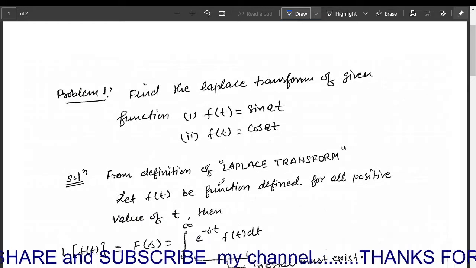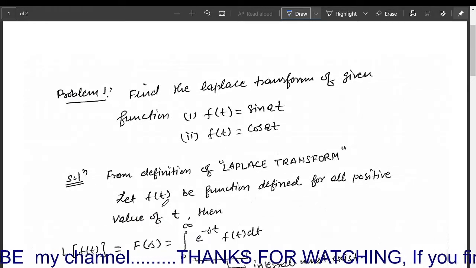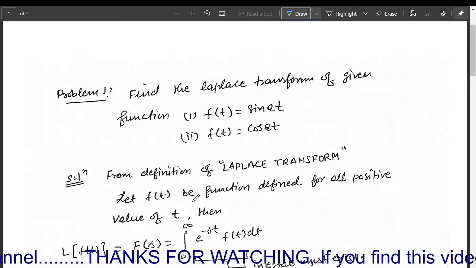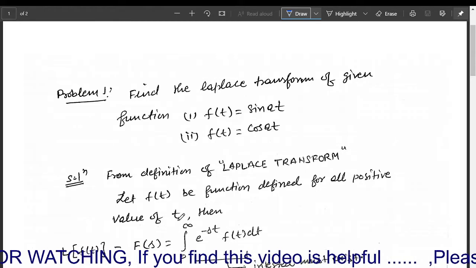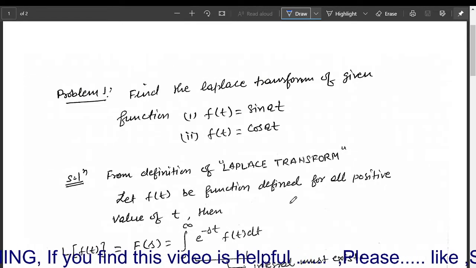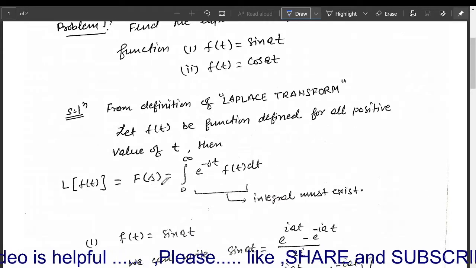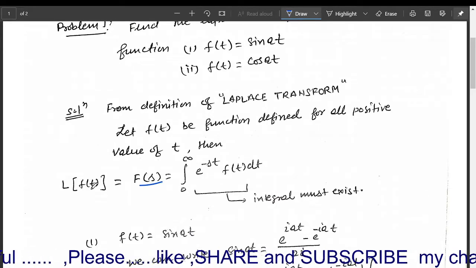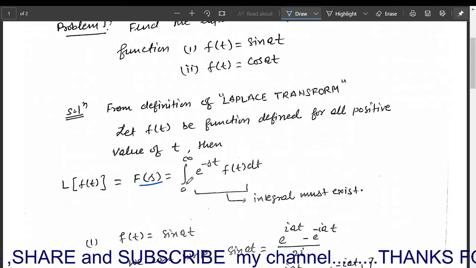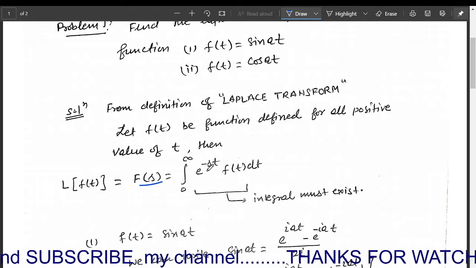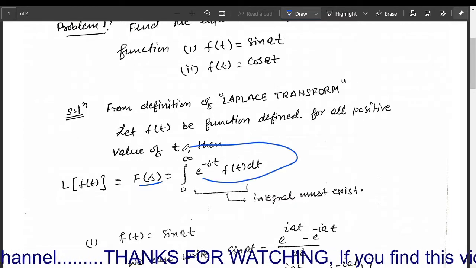From the definition, you know that if we have a given f(t), a function defined for all t, where t is always greater than 0, then the Laplace transform of the given function f(t) is denoted F(s). We write it as the integral from 0 to infinity of e to the power minus st times f(t) dt.